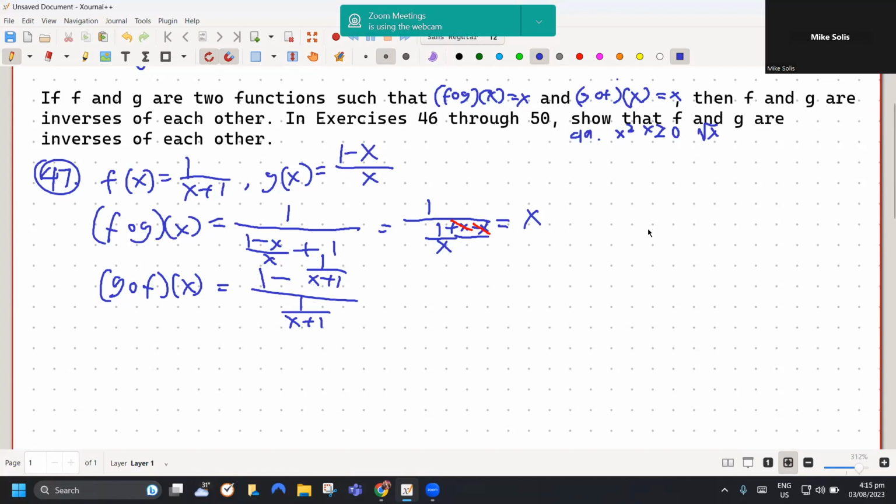So you're dividing a fraction, di ba? So sulat mo siya sa product. So the quantity 1 minus 1 over x plus 1 times, para malinis.